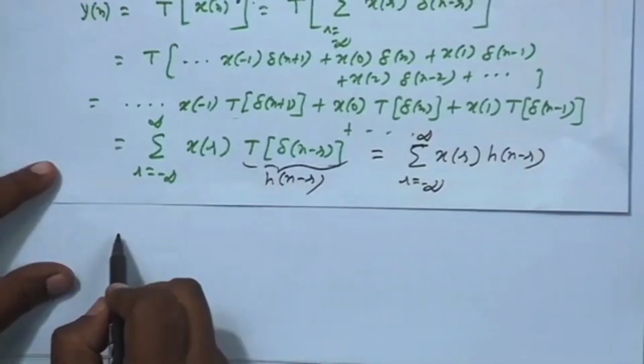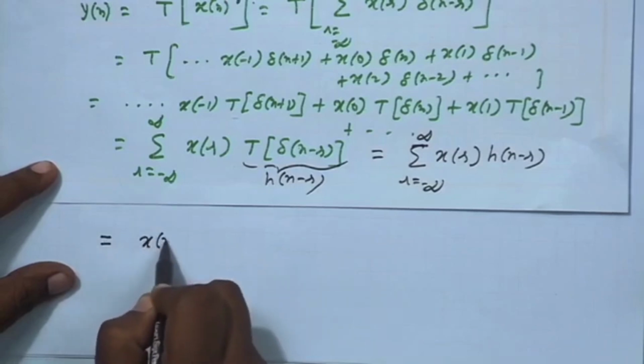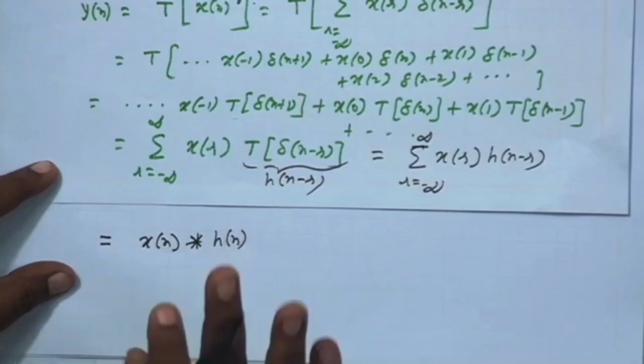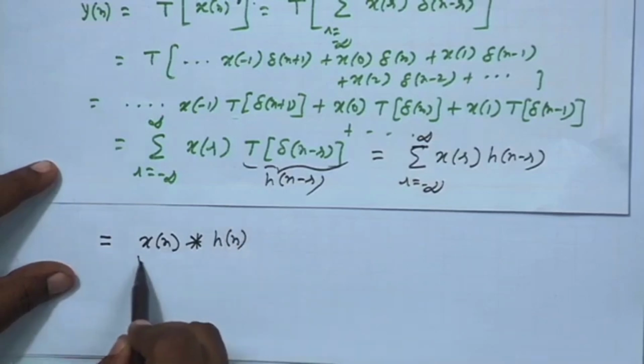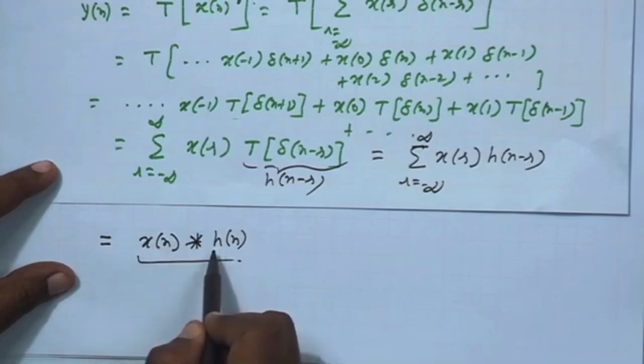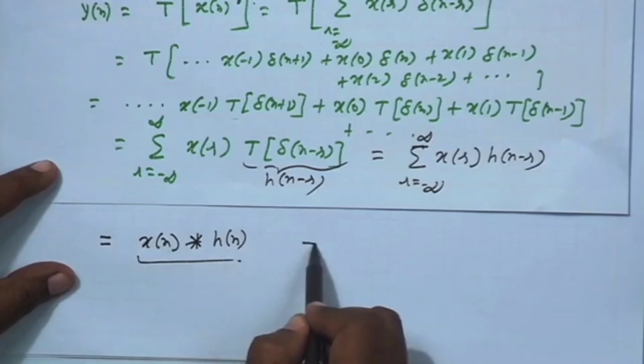Symbolically we represent this like this. Let me explain the meaning of this symbol. Whenever you come across x n star h n, first guy is x n, second guy is h n. Then what you have to do?